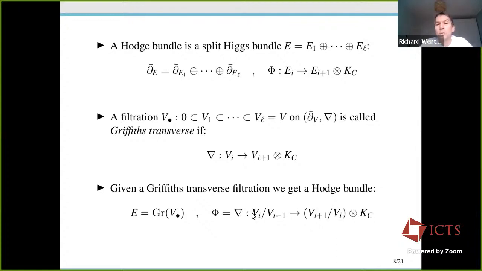So this is actually a homomorphism of sheaves, and that's exactly of the type that the Higgs field is. So in other words, we potentially get a Higgs bundle given a Griffiths transverse filtration on a flat bundle.